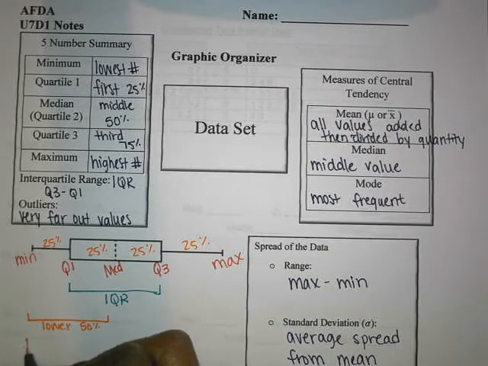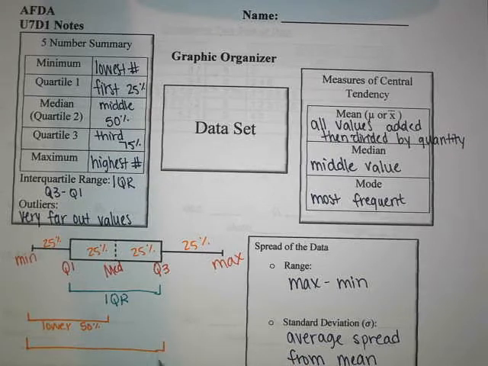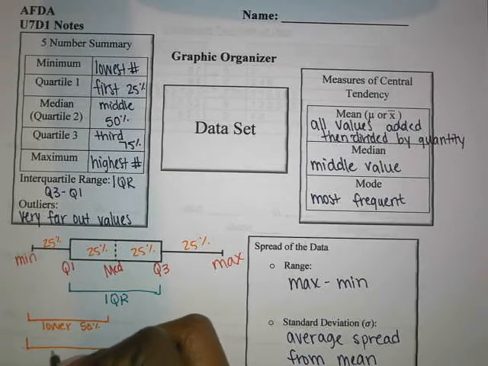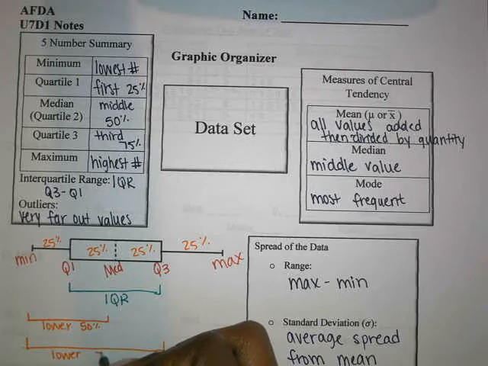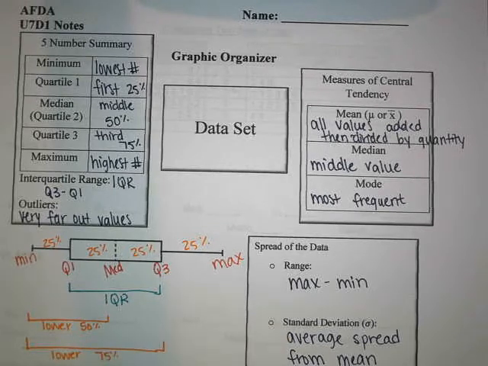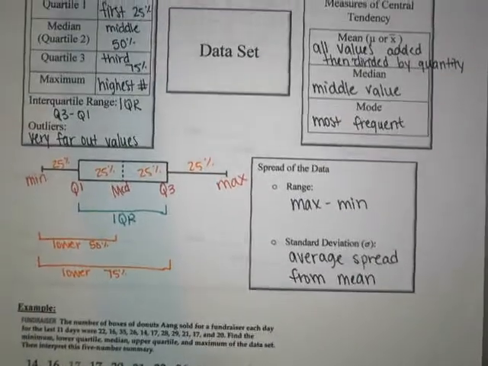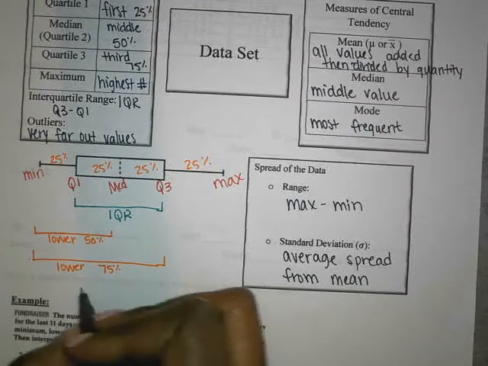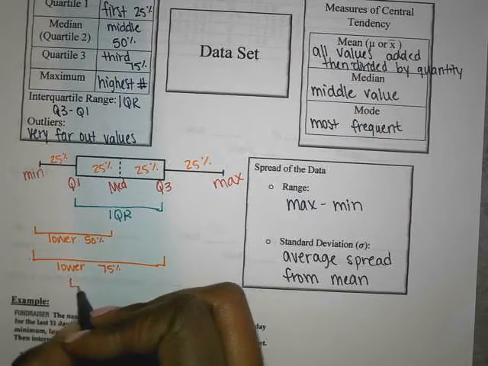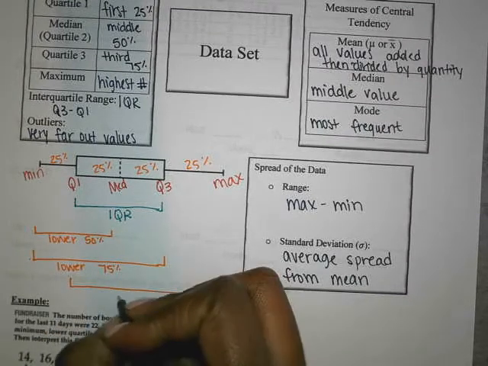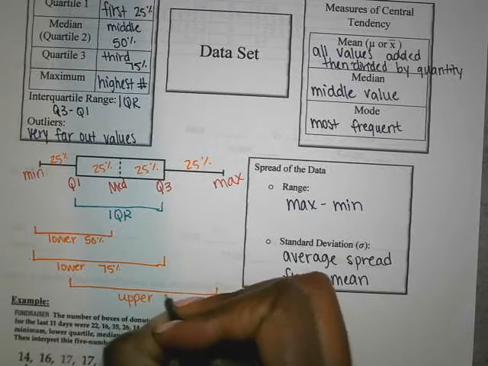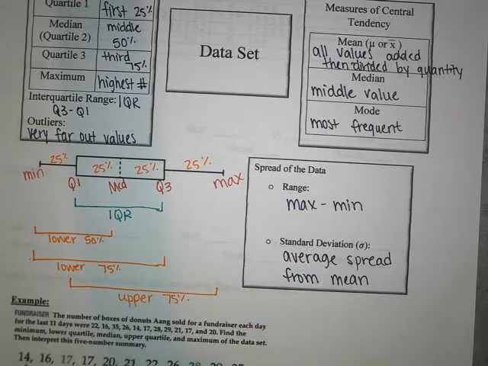From my minimum to my third quartile would be your lower 75% because we're doing 25 plus 25 plus 25. And then if I did my first quartile to my max, that would be my upper 75%.